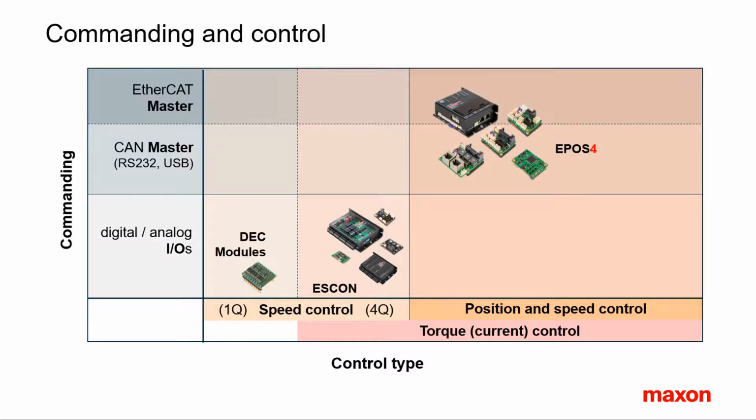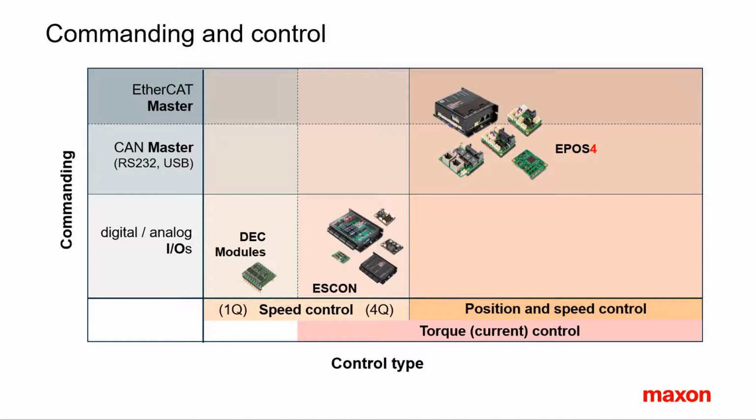EPOS positioning controllers are CANopen slaves. Set values and all other commands are sent across the CAN bus. Lower performance alternatives are the serial RS-232 or USB interfaces. EPOS controllers are not only position controllers but can also be set up as torque or speed controllers.